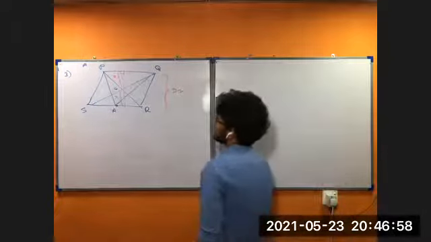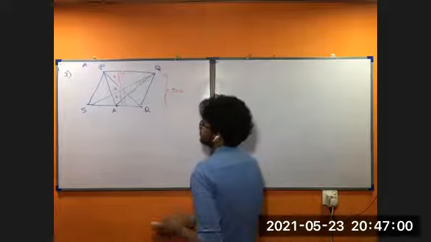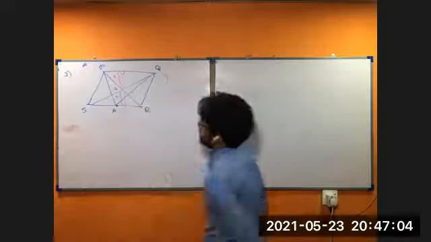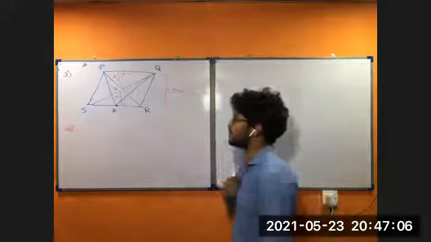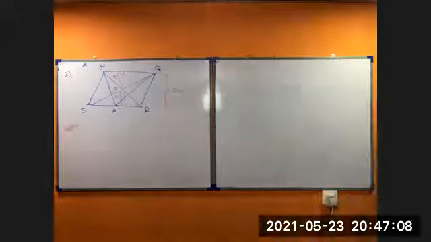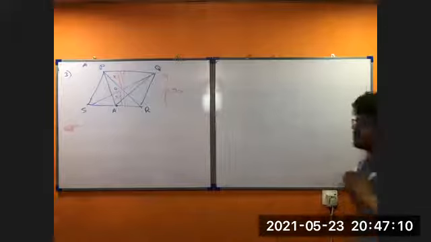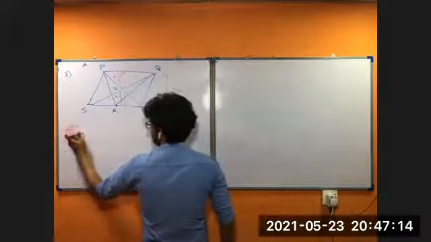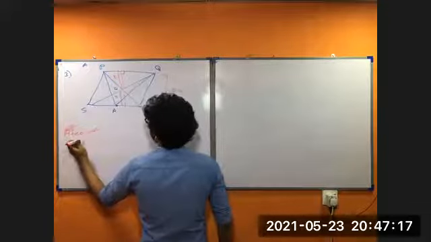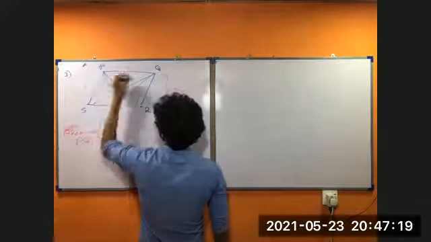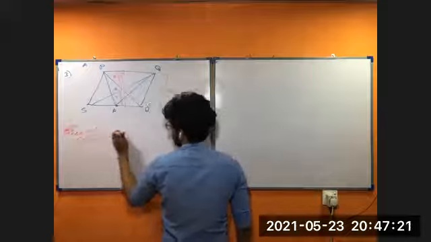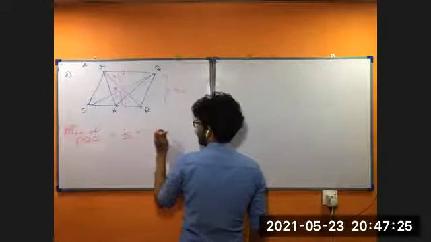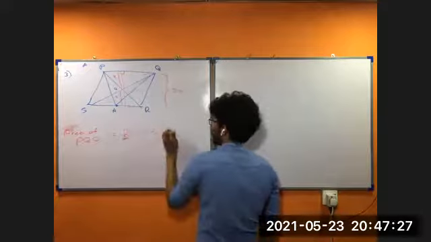So in that case, you can write, but to say this, it is better if you say first that these two triangles are congruent, okay? So in that case, what can you say? Area of PQO is equal to what? Half into PQ, base is PQ, into perpendicular height, which is x.